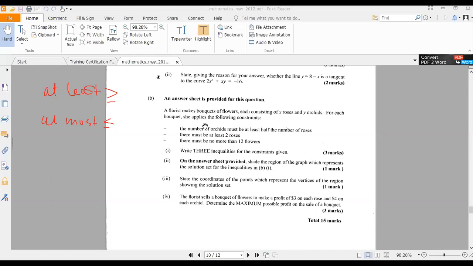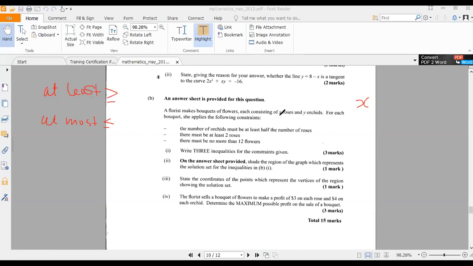So they say that the number of orchids must be at least half the number of what? Roses, right? Now, we know that X is for roses because that's what they told us, right? So X is for roses and Y is for what?